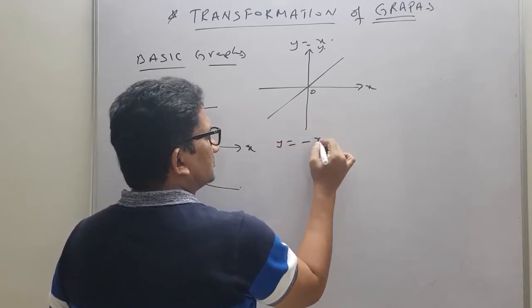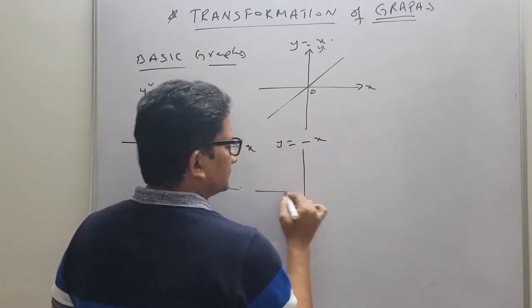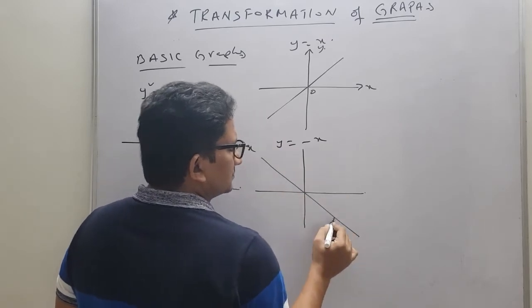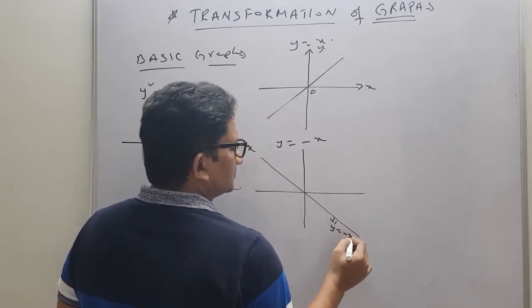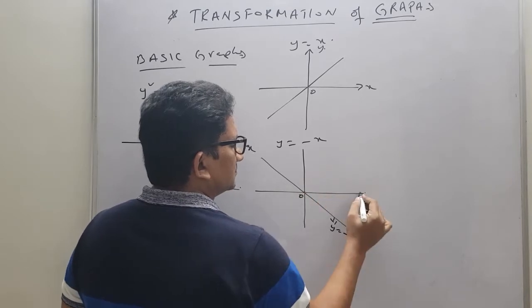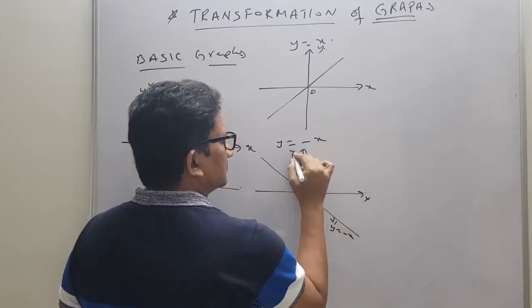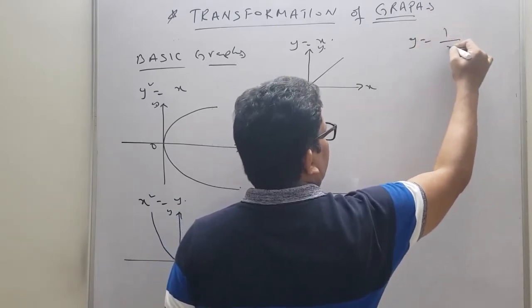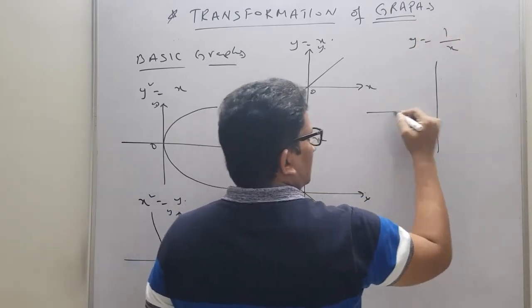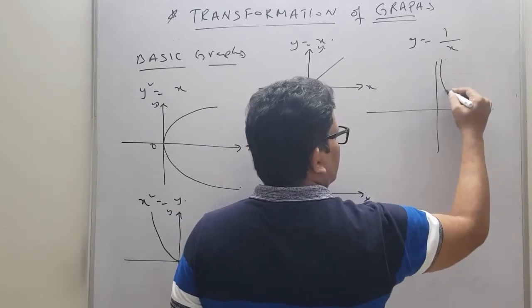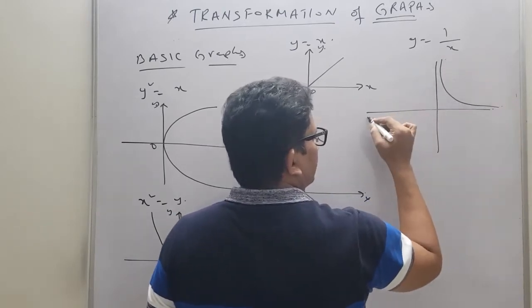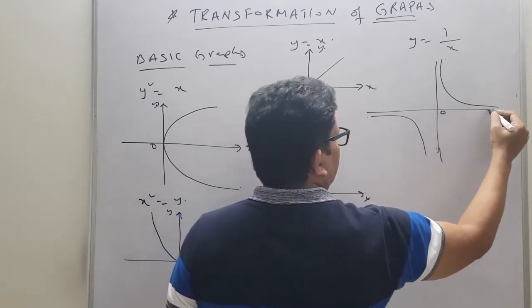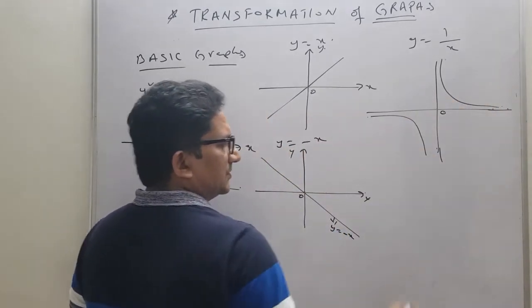Next, y equals minus x means reverse. Next is y equals 1 by x, a rectangular hyperbola like this type. The rough graphs only.